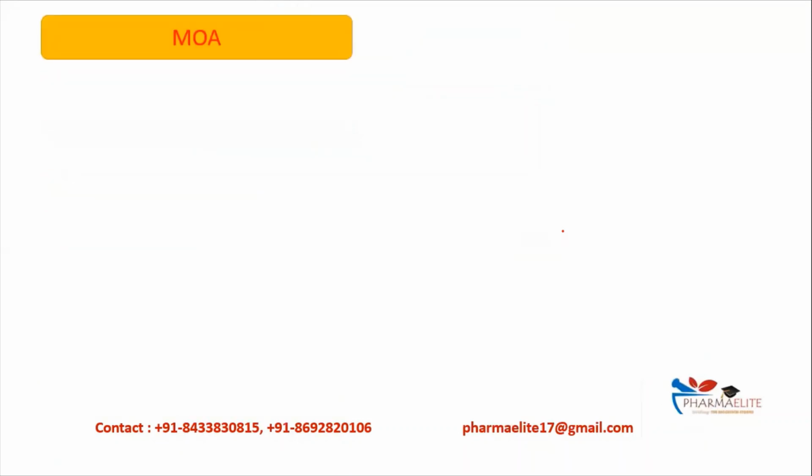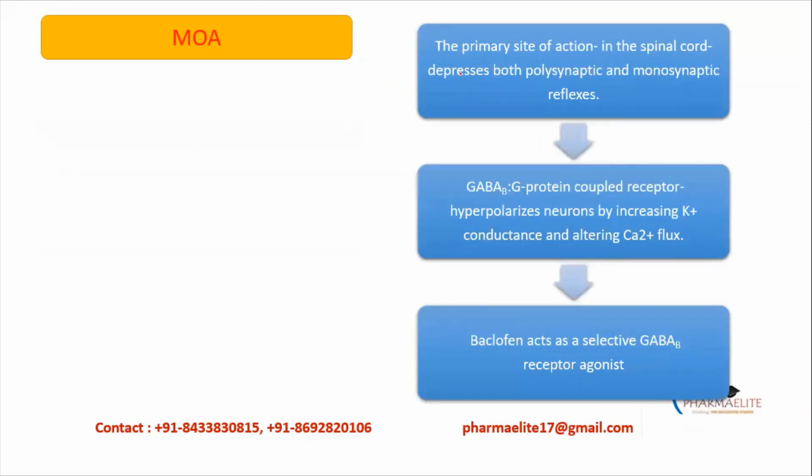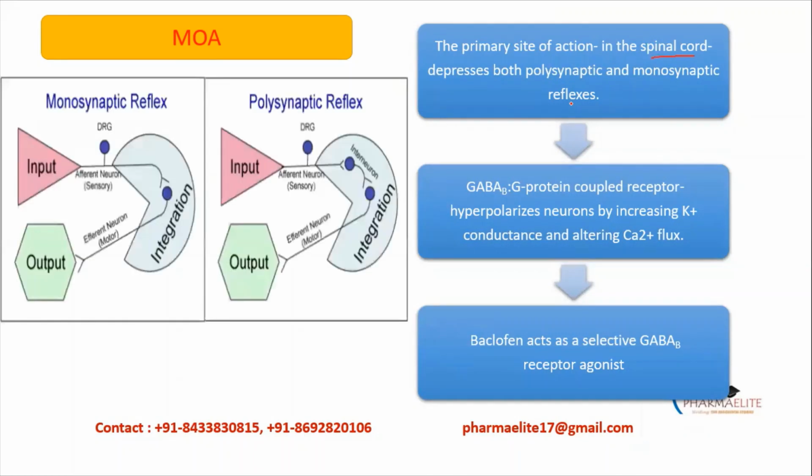Now let's look at the mechanism of action. The primary action of baclofen is seen in the spinal cord. It will depress polysynaptic and monosynaptic reflexes. As we know, a reflex consists of input by an afferent neuron, then integration in the reflex arc, and the efferent neuron generates the output.